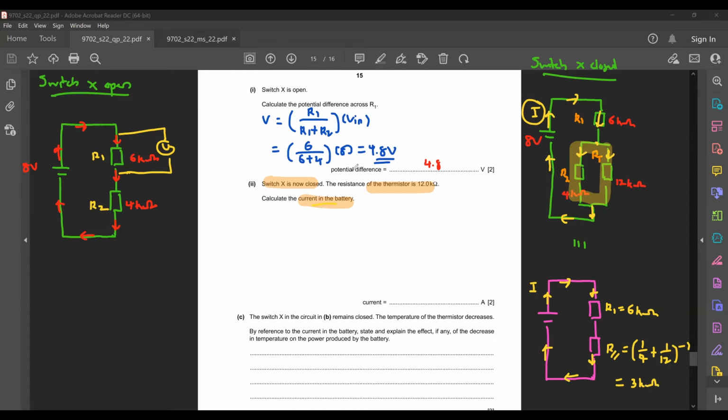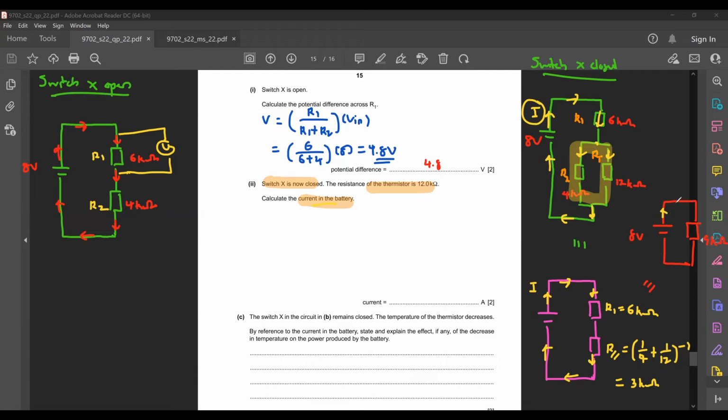From here, if I want to simplify the circuit even more, it becomes like this, where this one is 8 volts and this one is 9 kilo ohms.